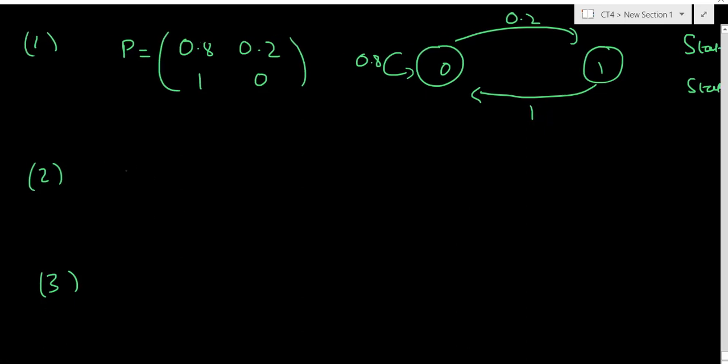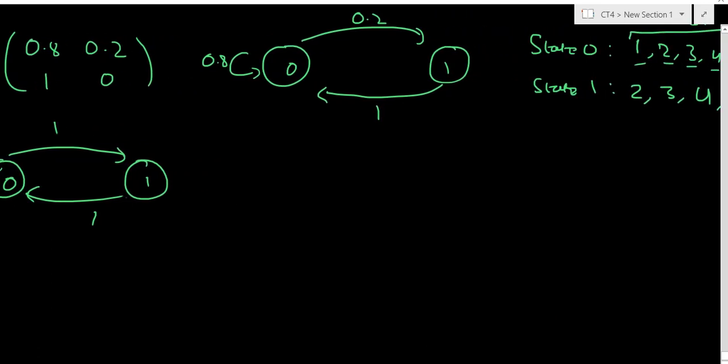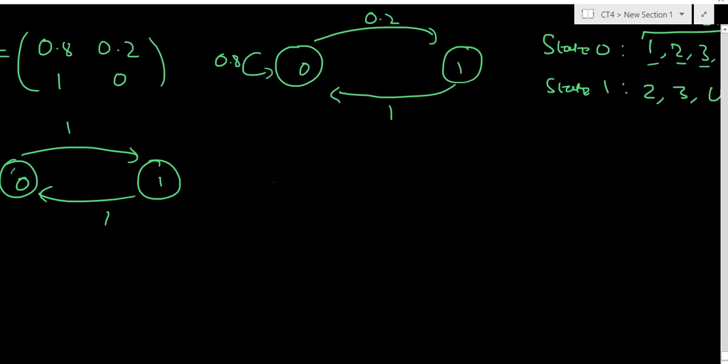Let's consider this Markov chain that is given by this transition diagram. So 0 and 1, okay, again the same steps, and the probability of going from 0 to 1 is 1 and from 1 to 0 is 1 again. Okay, so let's check for both the states, state 0 and state 1.